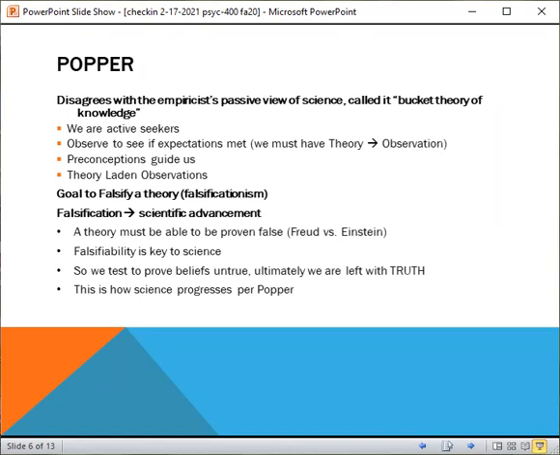And so Popper saw that passivity that the empiricists were saying was so greatly important to them was somewhat misguided. So he, as well as others, basically said that we are not passive seekers of information, that we are active seekers of information.